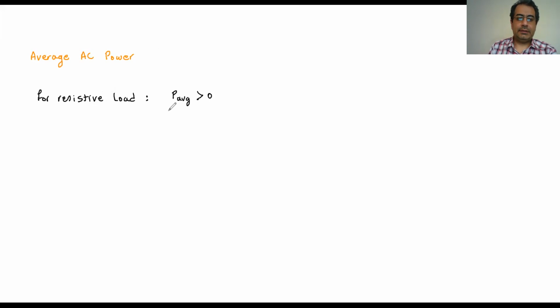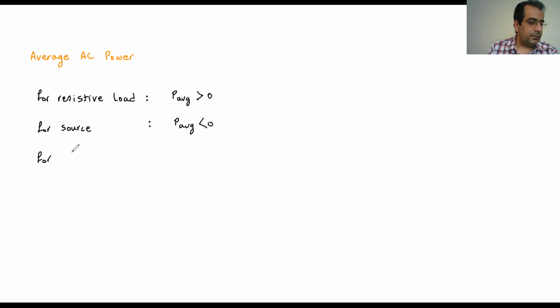If you have resistance, it's going to use the energy, it's not going to provide the energy. For a source, the average energy provided by the source is going to be negative. So sources always provide the energy.